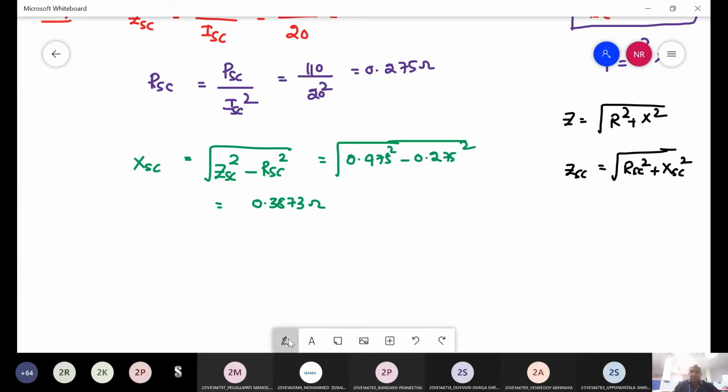That's why whatever parameters we are getting here, ZSC1, RSC1, XSC1, these are all the parameters on the primary side.